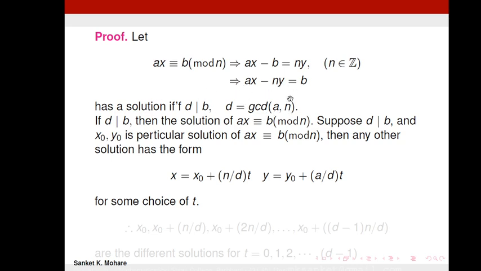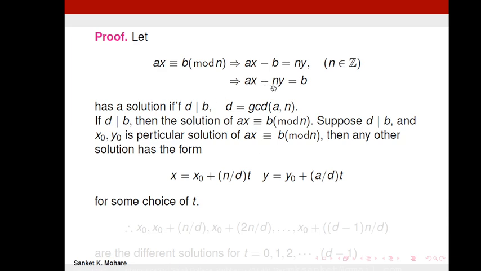Using that, if d divides b, then the solution of ax ≡ b (mod n) exists. Suppose d divides b and x0, y0 is a particular solution; then any other solution has the form x = x0 + (n/d)t, y = y0 + (a/d)t.